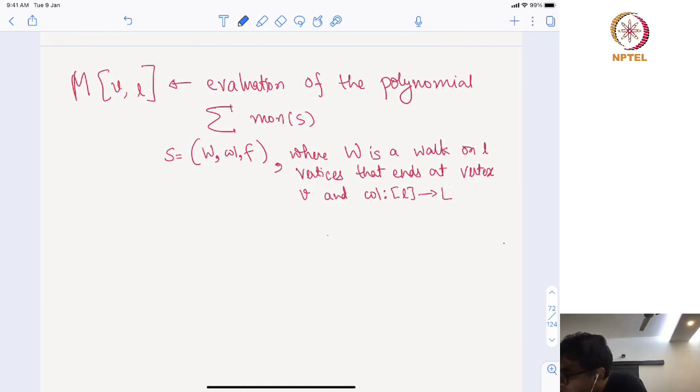W is a walk on L vertices that ends at a vertex V, and the first L vertices use colors from 1 to L. That's it. So, M V L is going to compute the evaluation of the polynomial mon of W, comma f, where W is a walk on L vertices that ends at a vertex V.